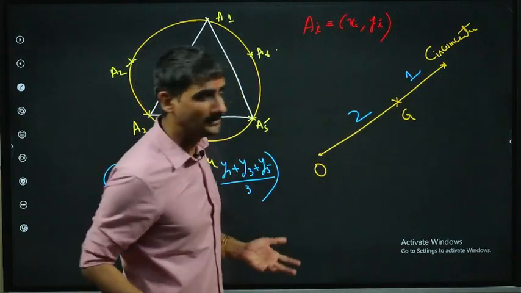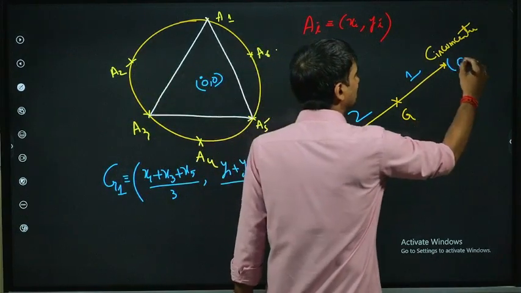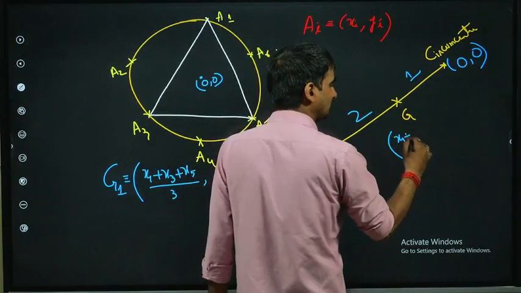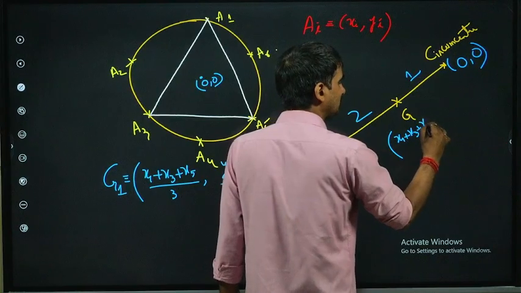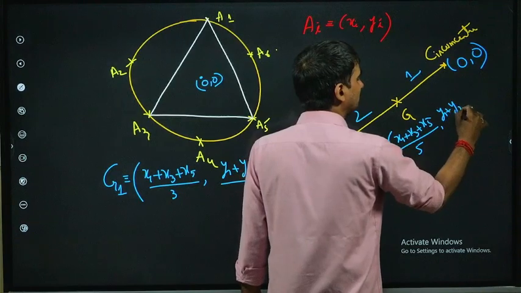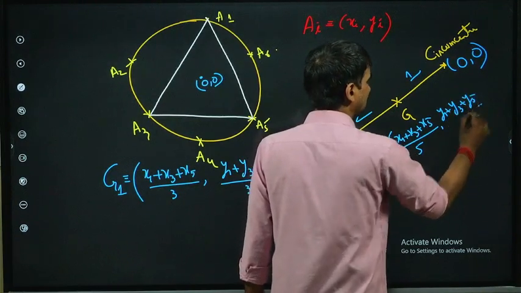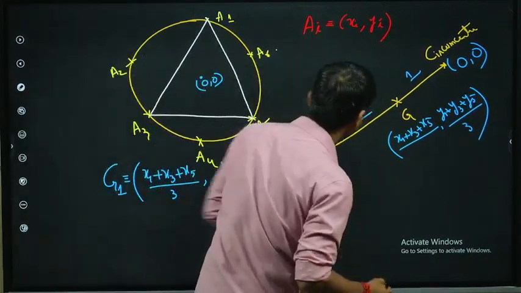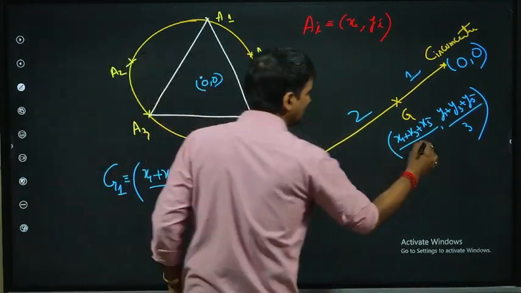Do we have the coordinates of the circumcenter? Yes, we have. Do we have the coordinates of the centroid? Again yes, we have. So x1 plus x3 plus x5 by 3, and then y1 plus y3 plus y5 by 3. I'm sorry, I wrote 5 there by mistake, so that's 3 here, fine.